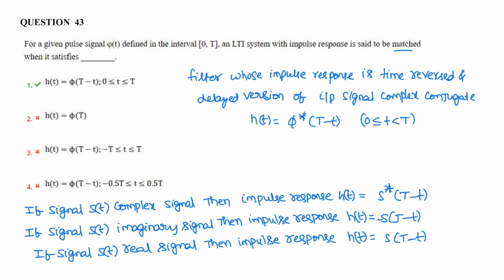So these are the impulse responses for different signals. So the first option is correct. A filter is said to be a matched filter whose impulse response is a time reversed and delayed version of the input signal or the input signal's complex conjugate.